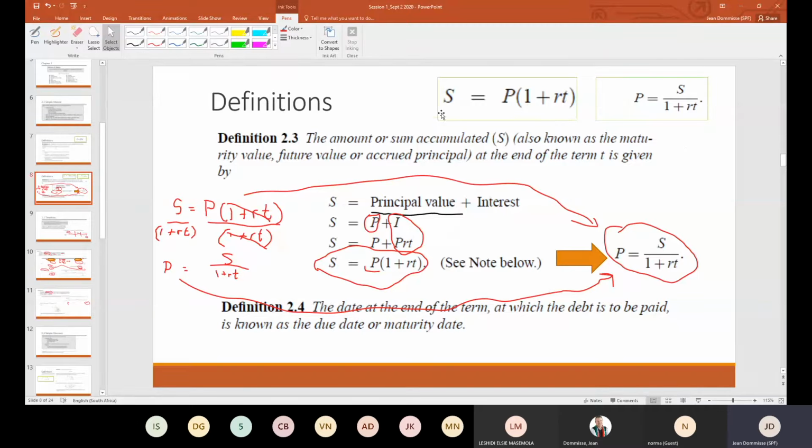I've got the S value. If I used the future value in this formula, I would need to put in my values, and then it's like, okay, I would probably not want to use this formula. So I need to get to the present value. So I would use this formula: the present value is your future value divided by your interest and your time component.